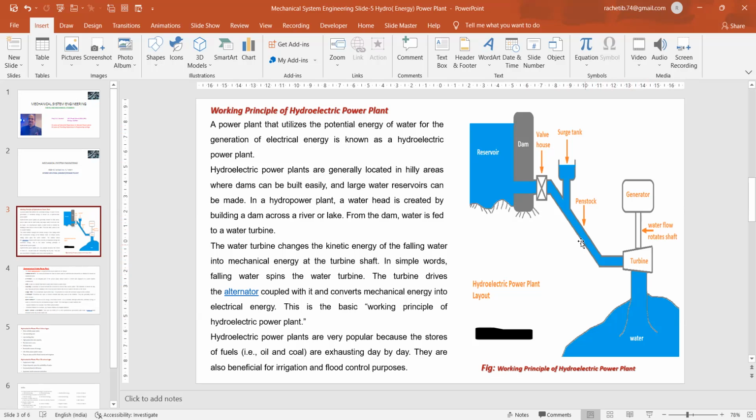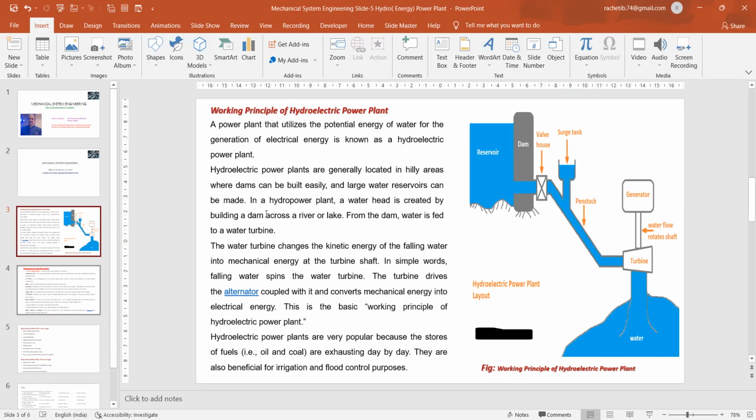When that water rushes backwards, there are chances of hammering and vibration, and the penstock may burst. To avoid that, the hammering is taken care of by this tank. Water rushes into the tank, and the air or any surge occurring in the pipeline is taken care of by the surge tank. So it avoids bursting or damage of the penstock.